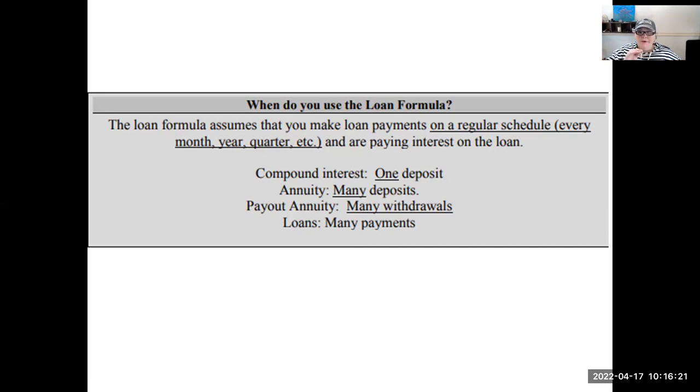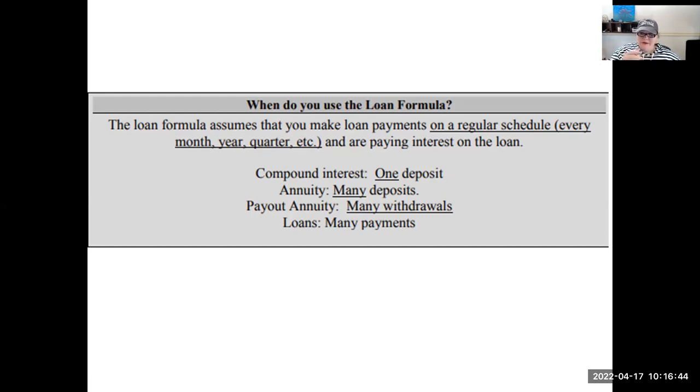Okay. So compound interest is 1 deposit. Remember, it's 1 deposit in, you let it sit there, earn interest. It just compounds. Okay. Annuity is when you're putting in many deposits into an account for later use. So annuity is many deposits. So you're making many payments into something for you.